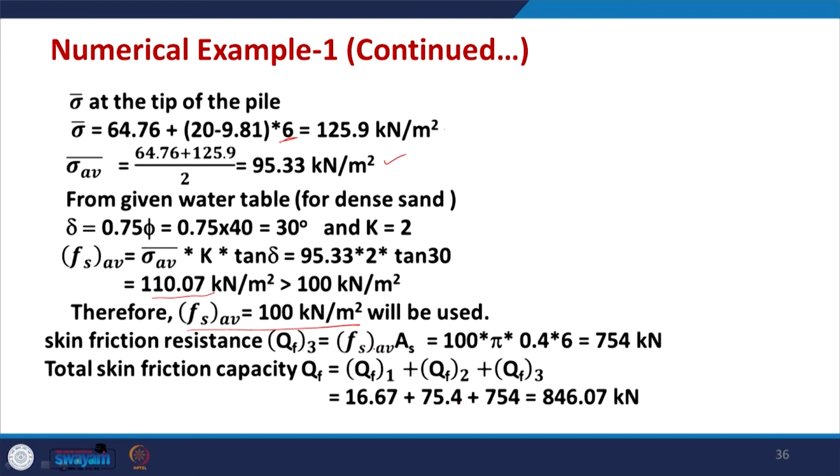Using Fs average of 100 kilonewton per meter square, we find its load carrying capacity, Fs average into As, where As is 0.4 into 6 meter. So you get 754 kilonewton, and then we add all these three layers, total skin friction resistance Qf equal to Qf1 plus Qf2 plus Qf3, and ultimately you get 846.07 kilonewton as the total skin friction resistance capacity.